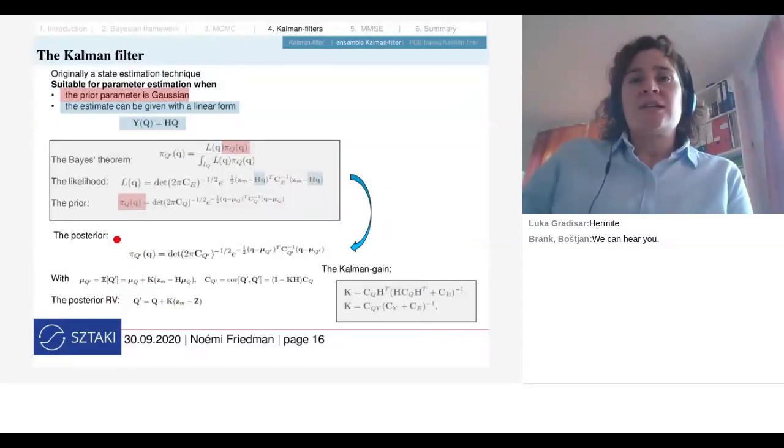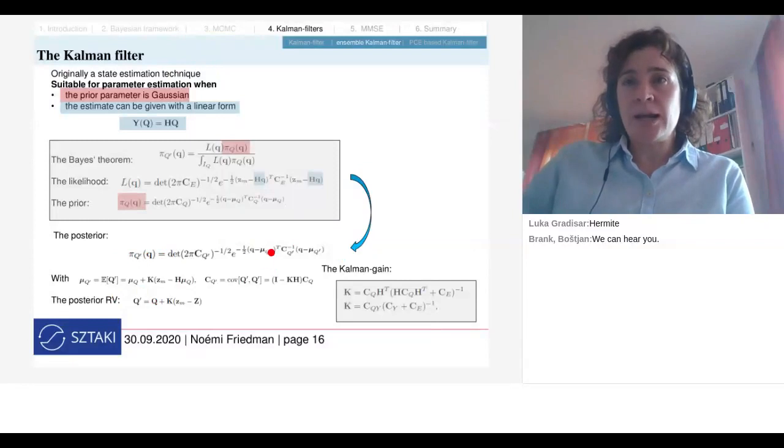So the theorem says that my updated distribution will be a Gaussian distribution with mean value mu q prime and with variance CQ prime. Now the CQ prime can be written as the covariance of Q prime Q prime, which equals to this expression here.